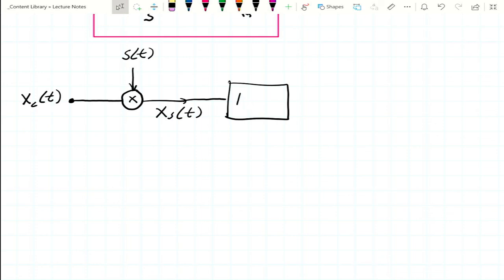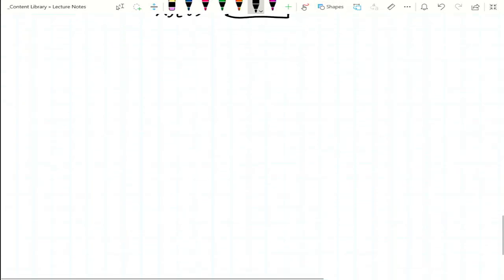And we're going to get left with what we're going to call x sub r of t. Now, some of this stuff is the same as what we've just seen, but we're going to go ahead and draw it again anyway.